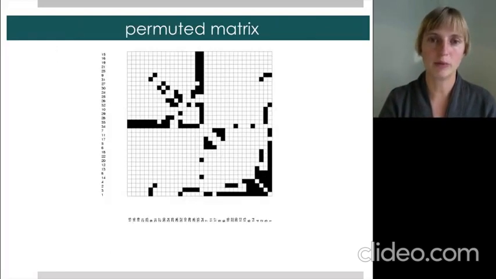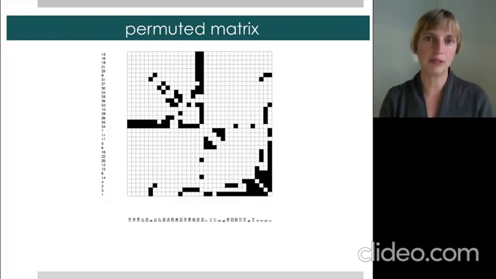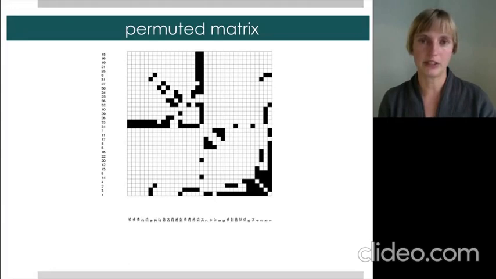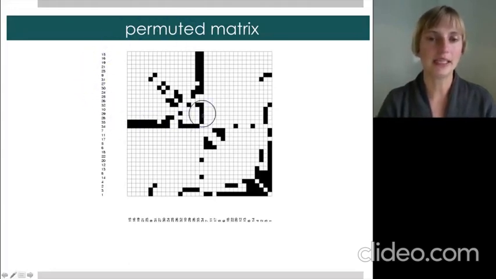After we perform our hierarchical clustering, we can repermute the matrix such that those nodes that are in the same cluster are placed close together. And now we can see clearly that there are two distinct communities, each with one or two very central individuals.